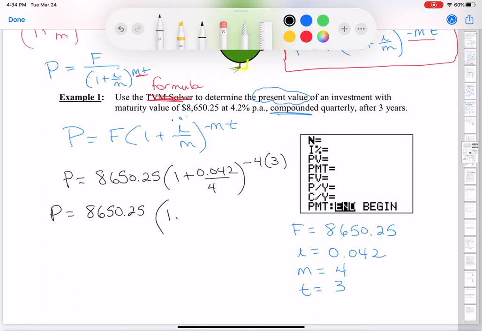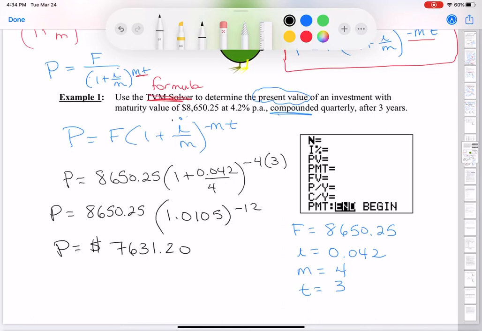So this is 1.0105 to the negative 12, and then we can get our final answer to 2 decimal places. And our final answer is $7,631.20.